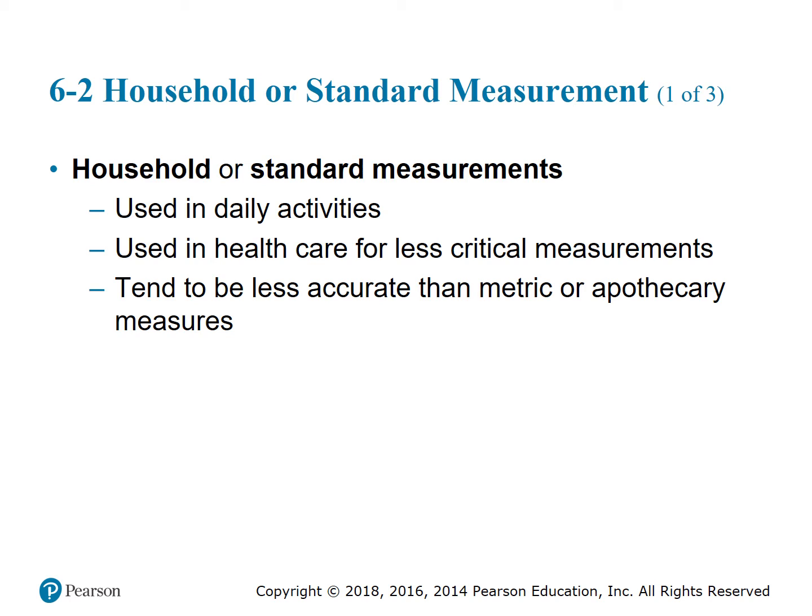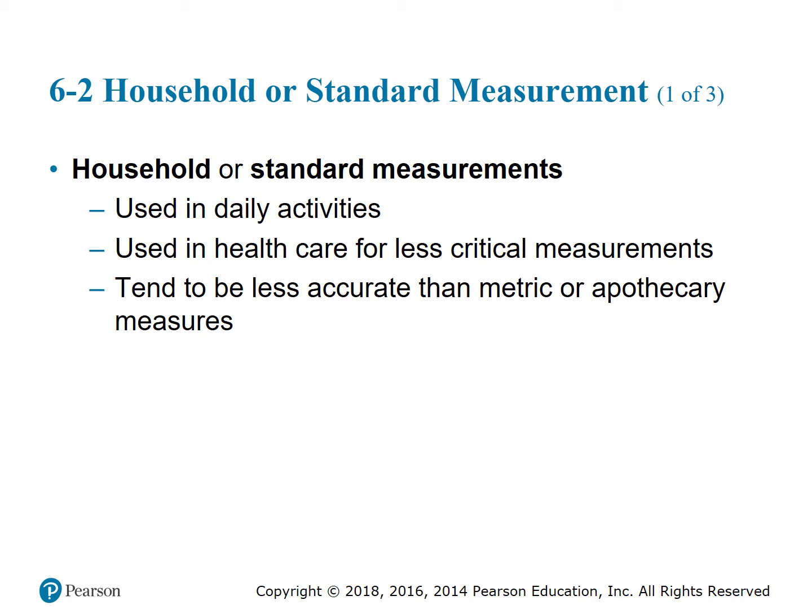So household and standard measurements are pretty much the ones that are used in our daily lives, and sometimes they're used in the healthcare setting as well. In the operating room, we might not come into contact with those as much. I do know that medicine cups will have mLs and ounces, and ounces are something we do use in daily activities.